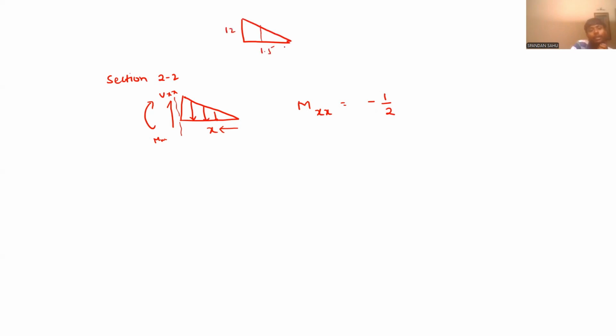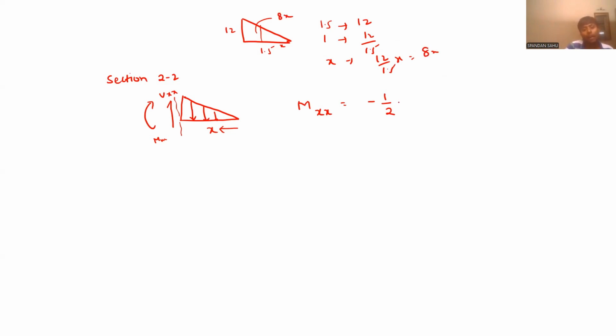So at x meter, what will be the height? So 1.5 meter height is 12. 1 meter, 12 upon 1.5. At x meter, it will be 12 upon 1.5 into x. So 12 upon 1.5 means 8. 8x. So your height will be 8x.